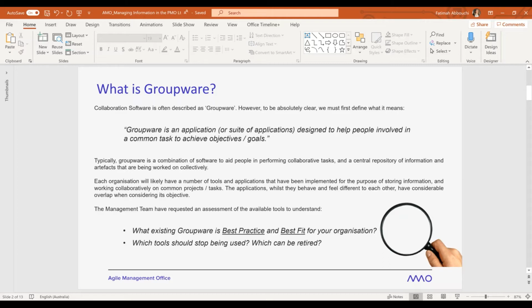For example, some clients will often have multiple different tools for different purposes that have no correlation to one another, or someone in one part of the business will purchase a particular tool that helps to provide document sign-offs automatically, for example. And then another person in another area of the business might find another tool that they find is the best for reporting on risks. But then in the project space, they might have another tool for risk management.